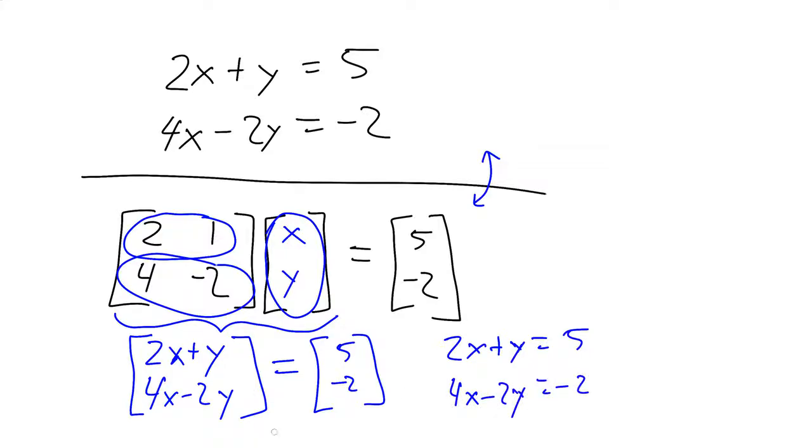Because the only way we could have this left-hand vector equal to the right-hand vector is, duh, if this top thing is equal to 5, and if this bottom thing is equal to negative 2. So what we've discovered is that this thing cast in matrix form asserts exactly the same thing as these equations up here, okay?